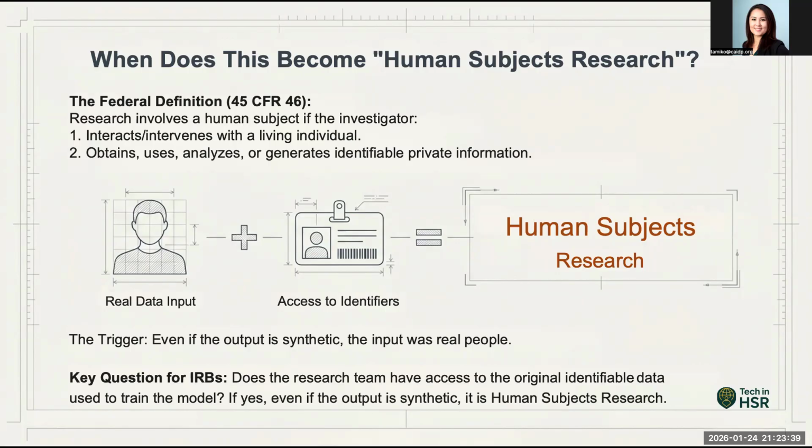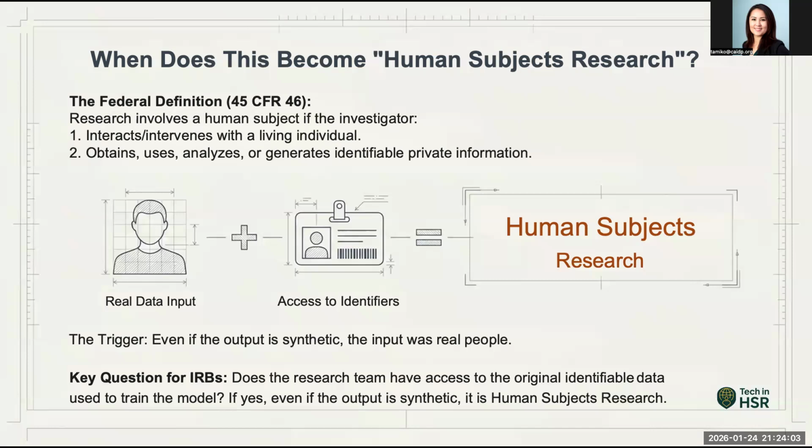Or second, do they obtain, use, analyze, or generate identifiable information for research purposes? So whether synthetic data generation becomes human subjects research is going to depend on the critical question: does that research team have access to the original identifiable data used to train the model?